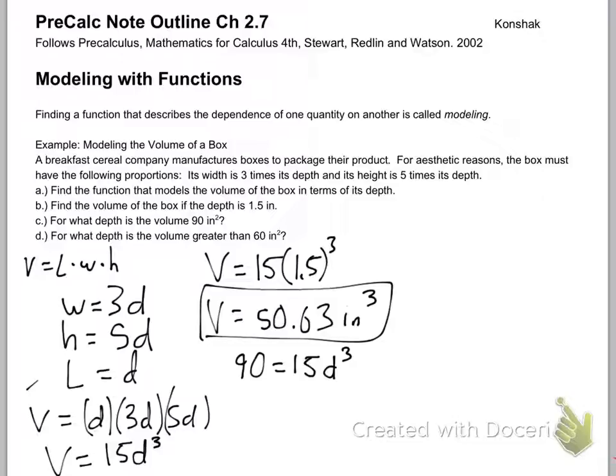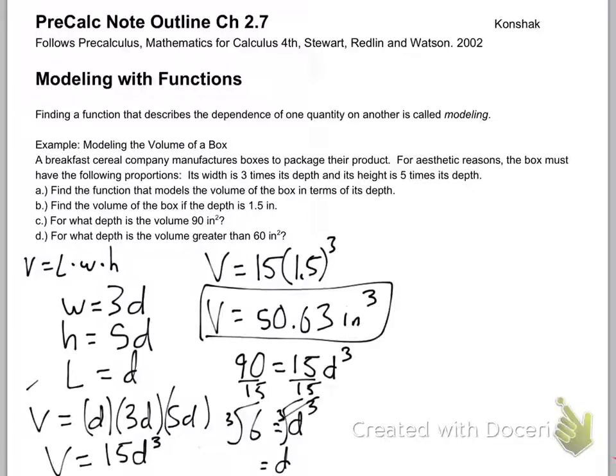Yes. So to solve this, the first thing I should do is divide by 15 and then cube root it. But let's get our steps done first. What's 90 divided by 15? And now I'll take the cube root. d equals 2?